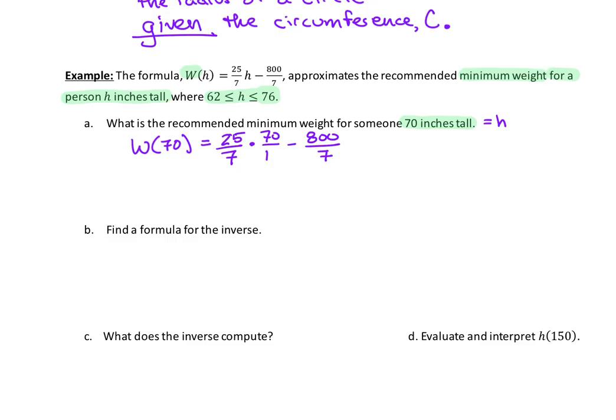All right, I'm going to go ahead and multiply this. If we do 25 times 70, we should get 1750.